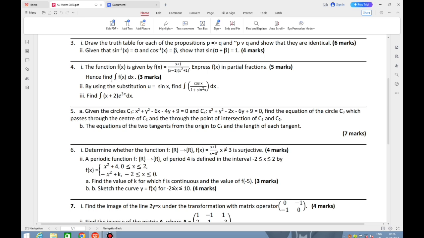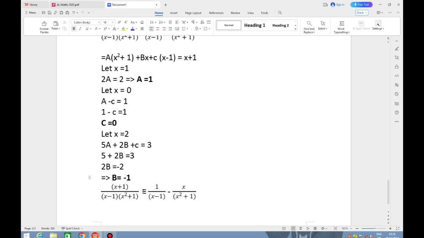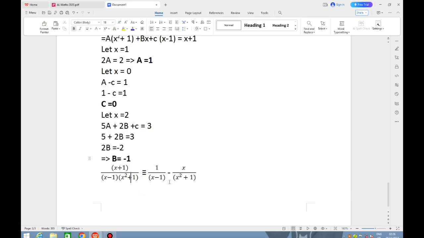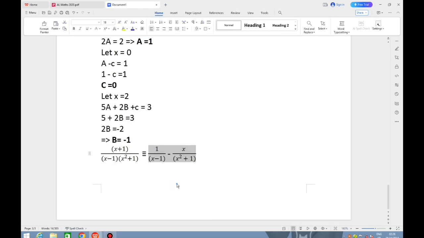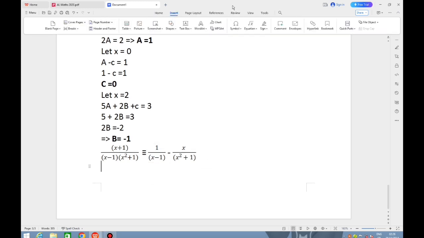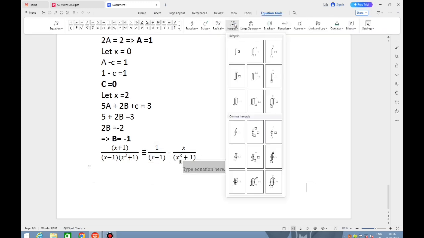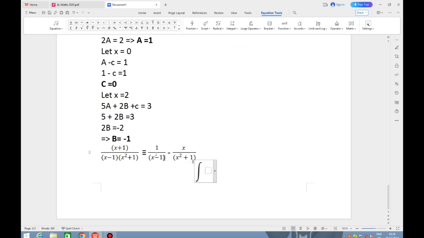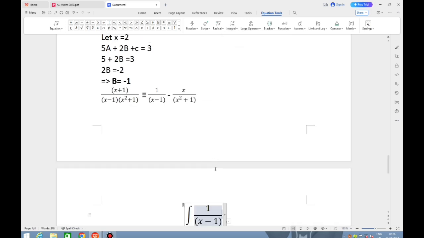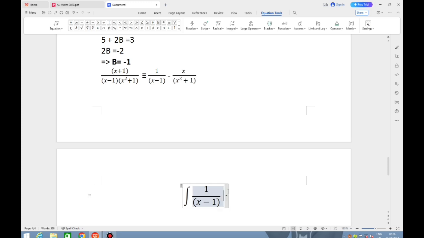Now the next question says, hence find the integral of f of x dx. The integral of f of x dx is simply the integral of this, minus the integral of this.